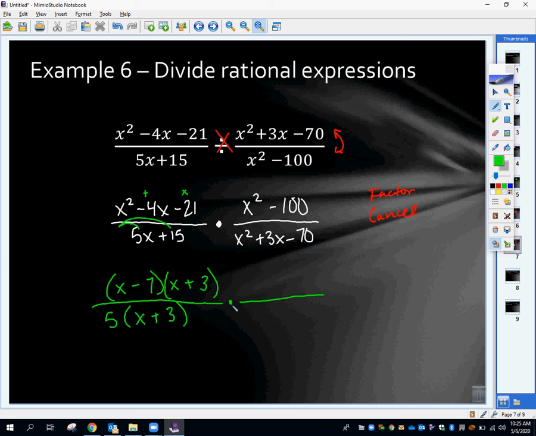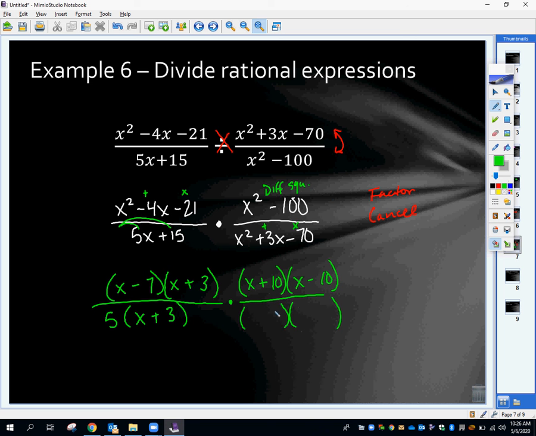Let's factor our other fraction. We have a difference of 2 squares. This is x squared and this is 10 squared. So we want x plus 10 and x minus 10. Down below, are there numbers that multiply to negative 70 and add up to 3?